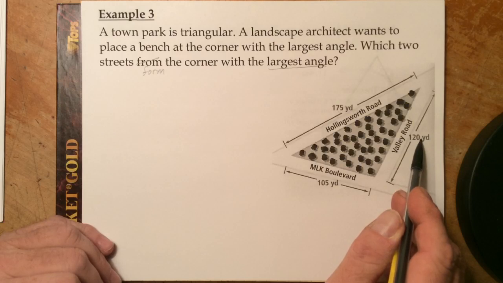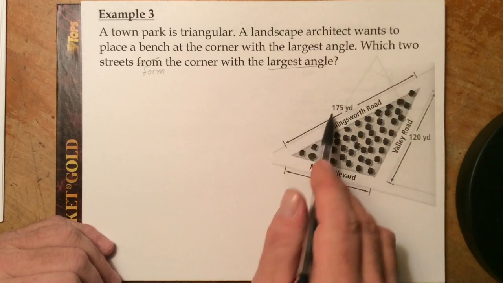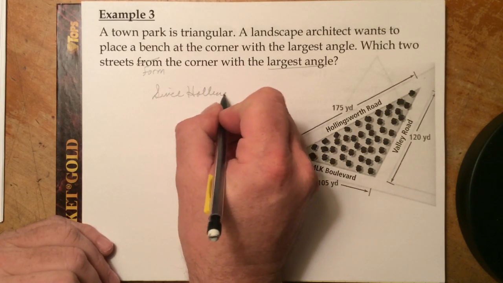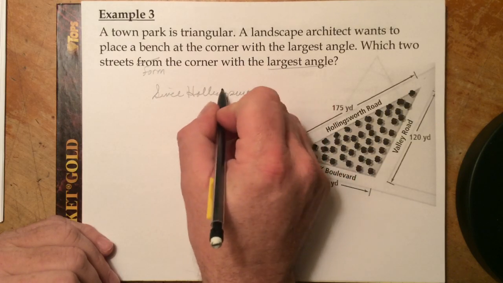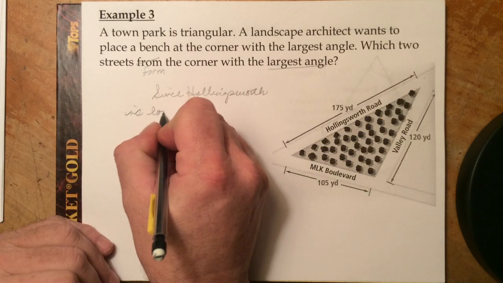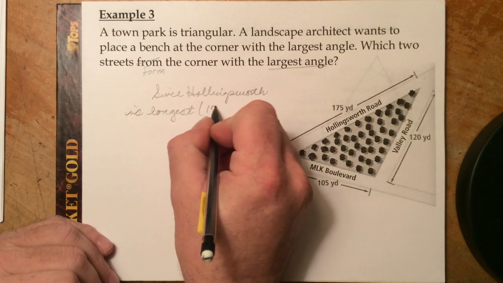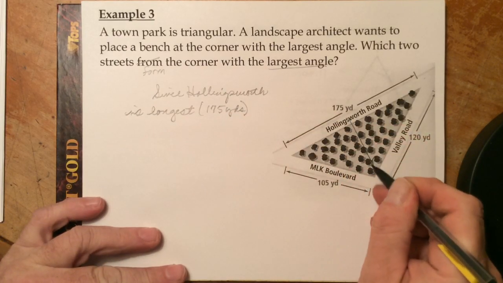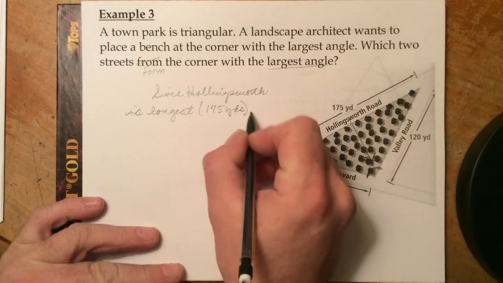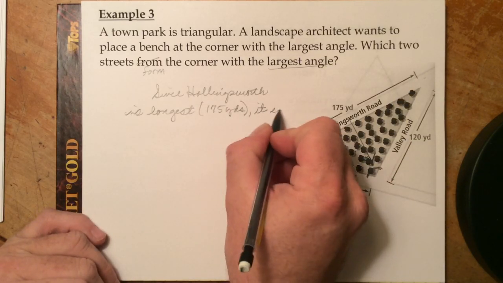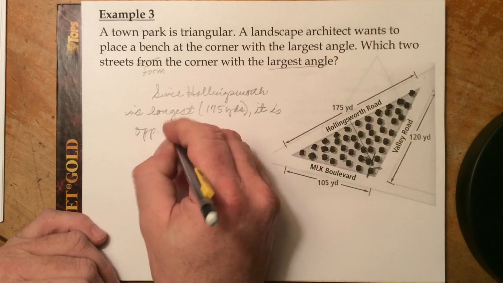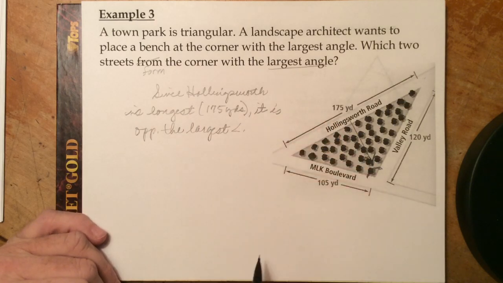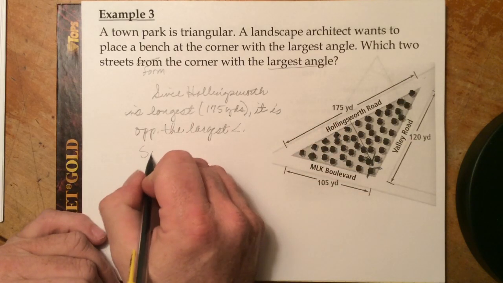So if we take the longest road, which is Hollingsworth, 175 feet, since Hollingsworth is the longest, and its opposite angle over here, it is opposite the largest angle.